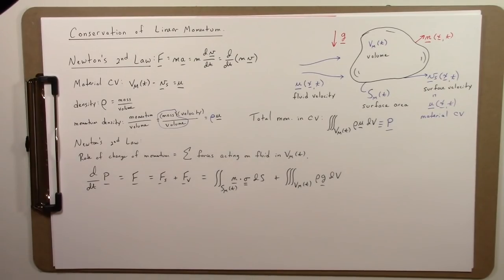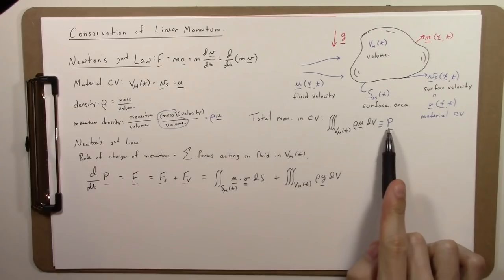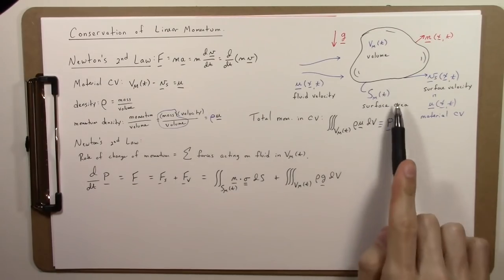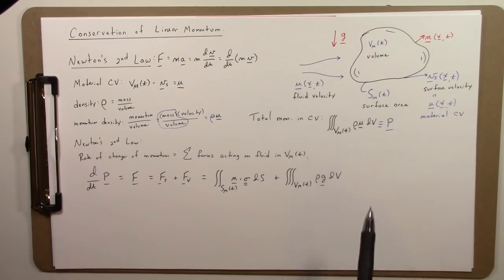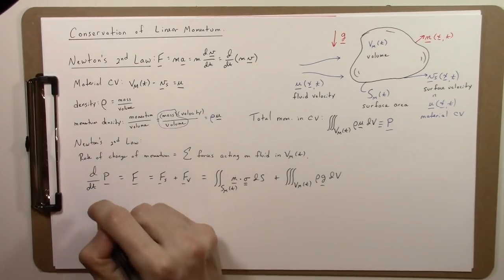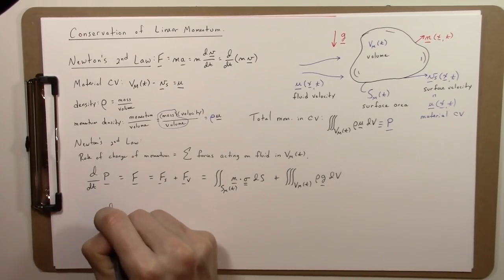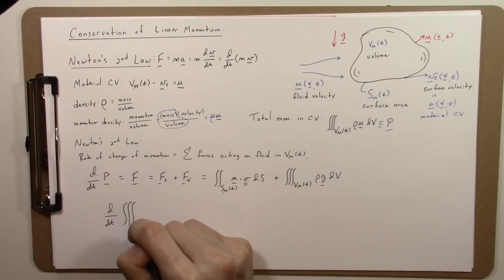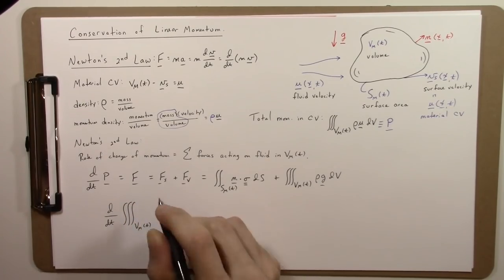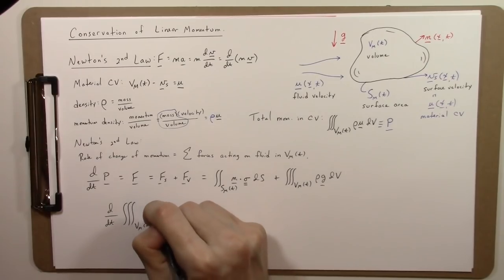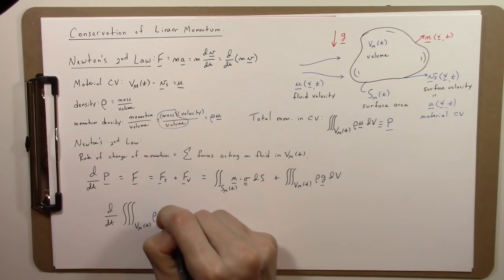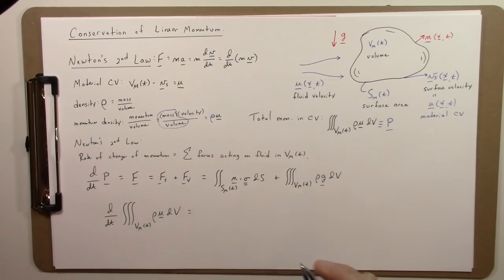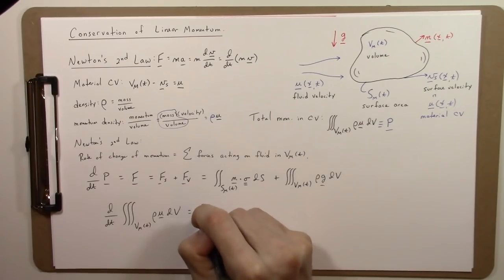So the next step is simply to substitute for the total momentum in this control volume, which is just its integral here. So this left-hand side becomes the time rate of change of the volume integral over Vm of t of total momentum rho u dv, and that's equal to the sum of the forces acting on the volume.